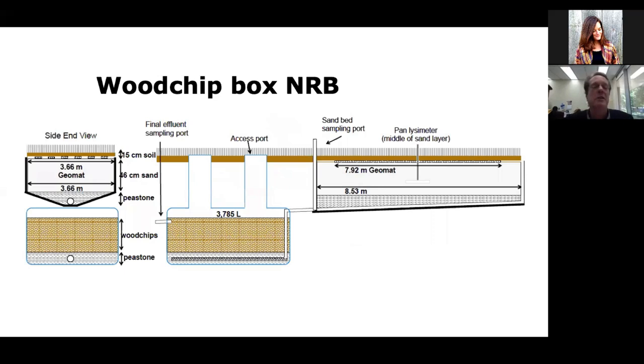The wood chip box variation is very interesting. The wood chip box is a lot smaller, a lot less volume than the layered systems. For instance, it's about 1/4 of the volume of the layered systems. We wanted to see if that smaller volume could denitrify the nitrate coming out of the sand layer here.